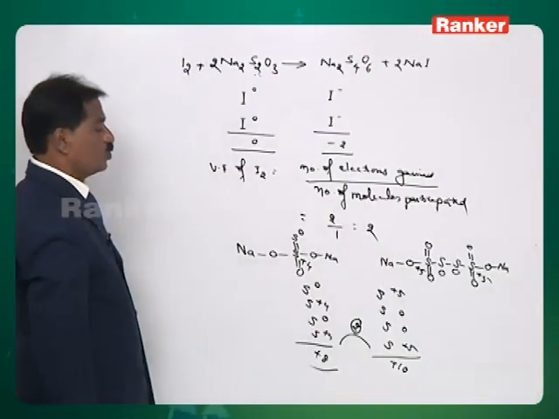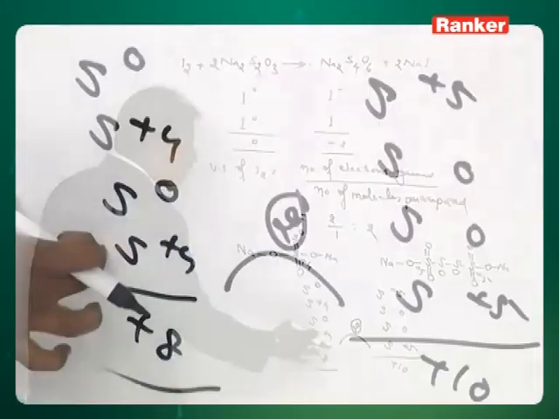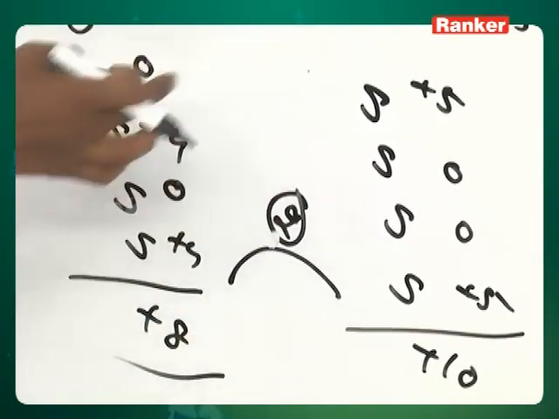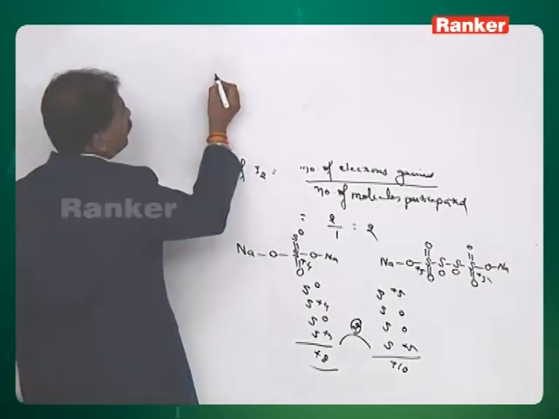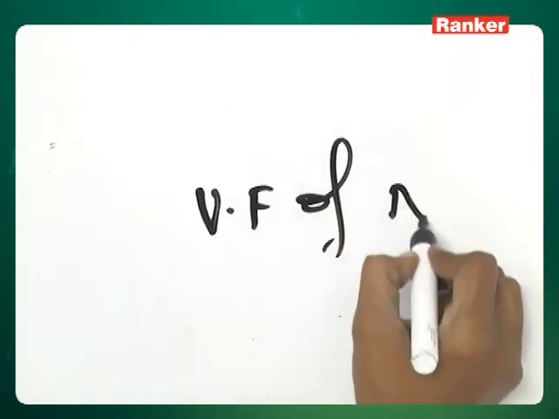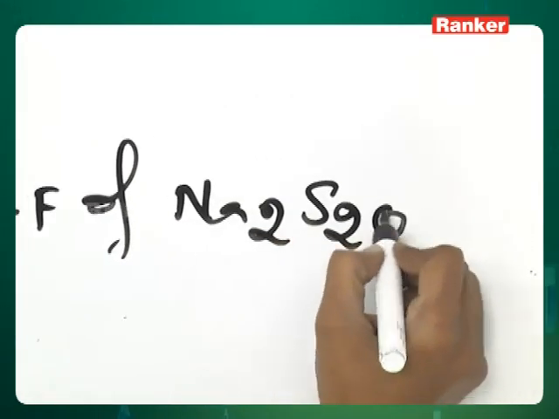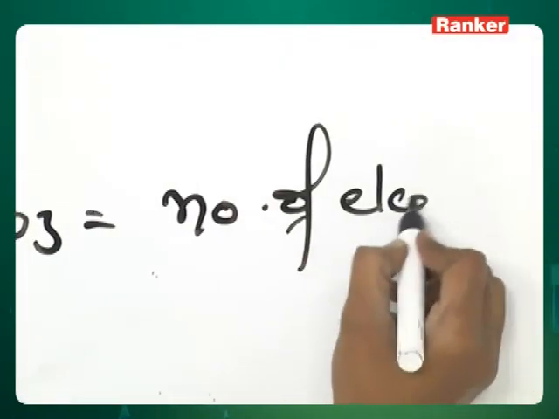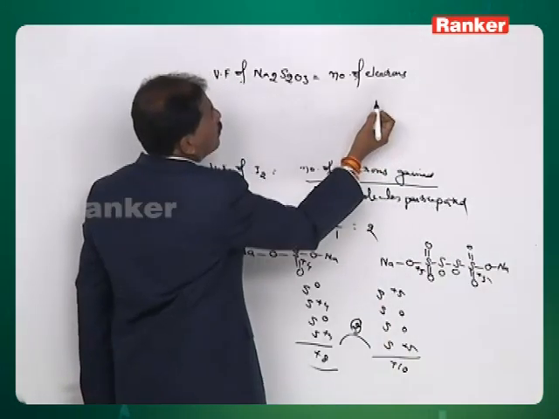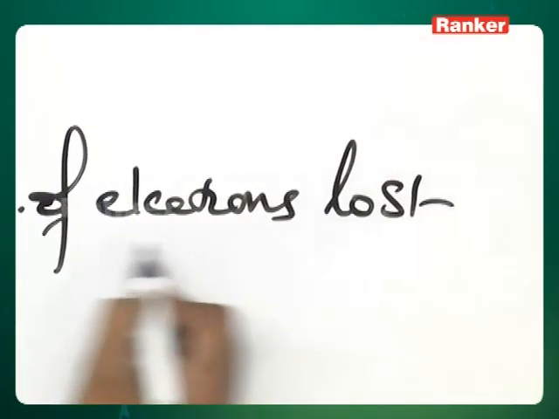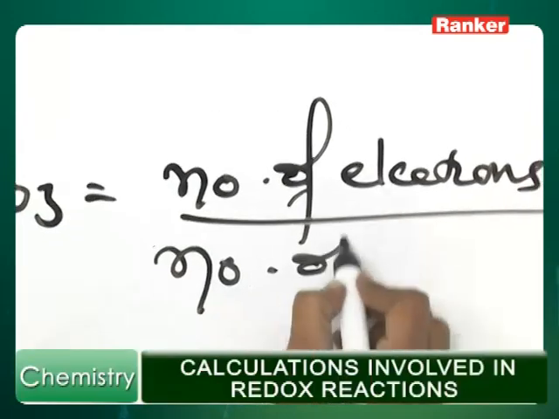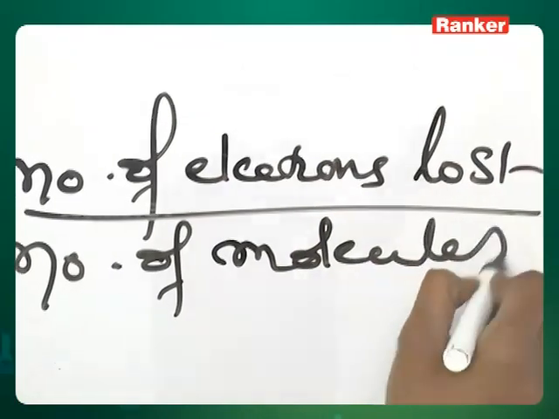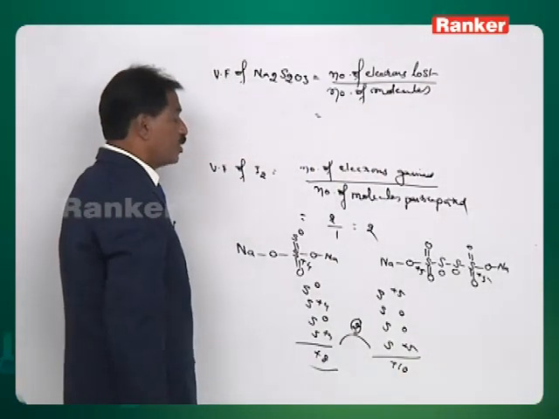This difference is 2. That means 2 thiosulfate molecules upon participation have released 2 electrons. Therefore, valency factor of Na2S2O3 is the number of electrons lost by number of molecules.